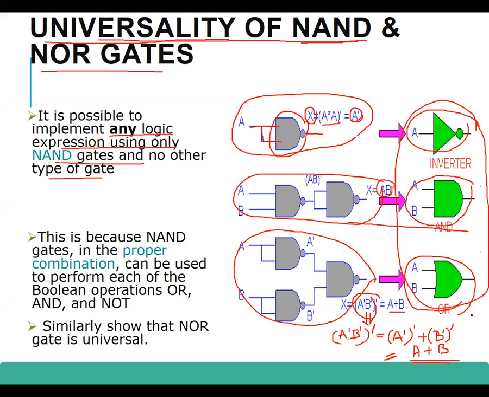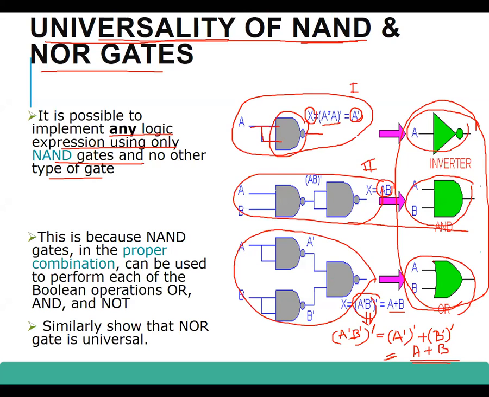So what did we look at here? We looked at how the basic three logic gates can be represented using only NAND gates. In figure 1, it shows that a NOT gate can be represented using a single NAND gate. In the second figure, it shows that an AND gate can be represented using two NANDs.